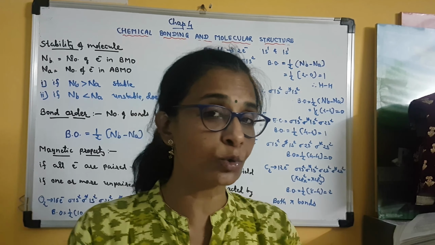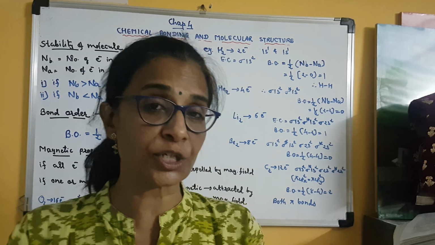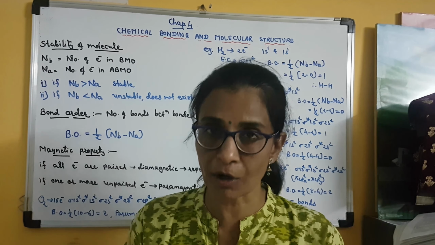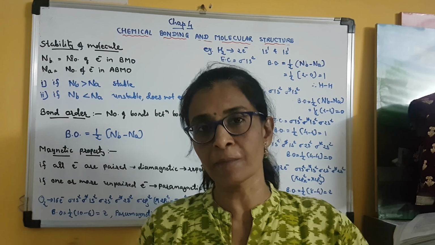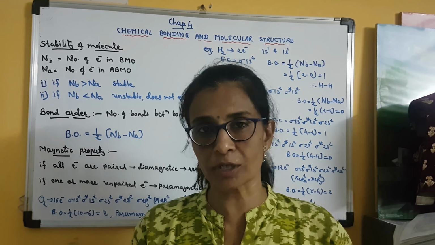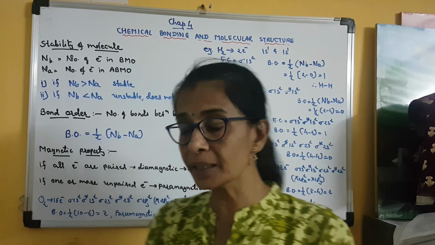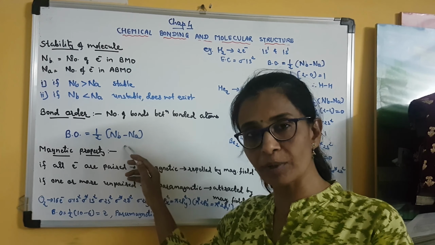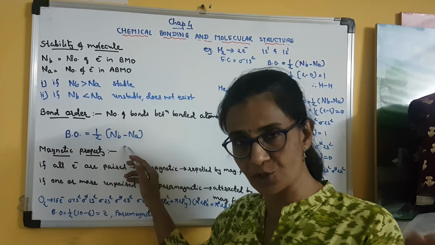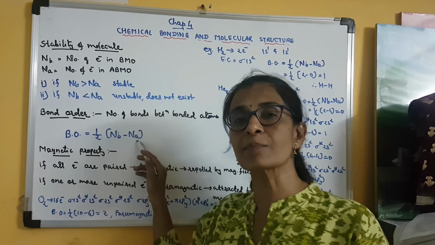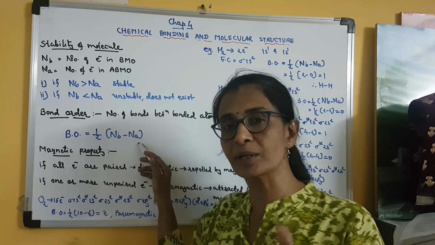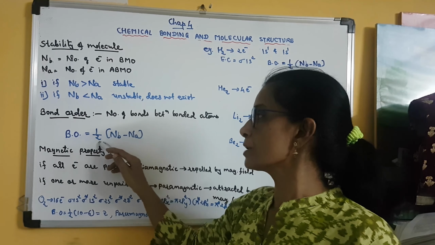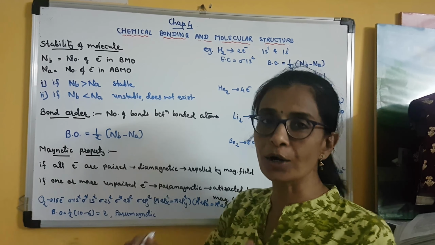Clear? As per those rules, in the previous session we also saw the energy sequence of different molecular orbitals. In every orbital there will be a maximum of 2 electrons. Clear? So keeping that in mind, we will calculate how many electrons are present in bonding orbitals, means orbitals without asterisk, and how many electrons are present in anti-bonding molecular orbitals, that is orbitals with asterisk. Clear? So the difference of this divided by 2 will give us the bond order.